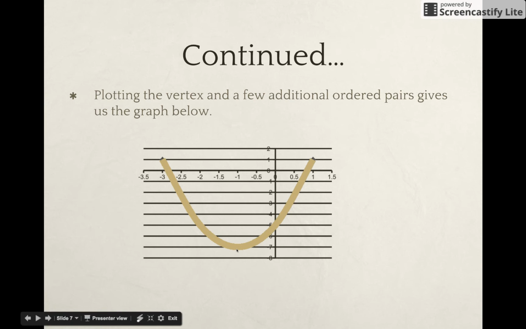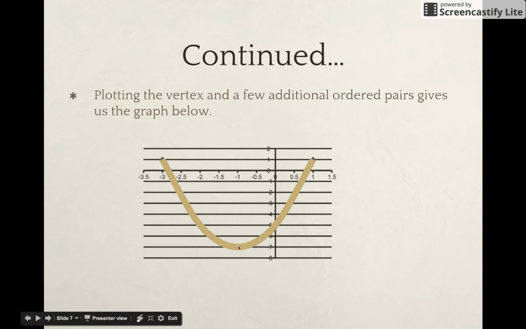You'll also notice that the vertex serves as a turnaround point for this parabola. If we're looking at the y values and thinking, what are these y values doing? Well, over here, as we move from left to right, they're decreasing, they're getting smaller. Once we hit the vertex and we continue to move left to right, the y values begin to increase.